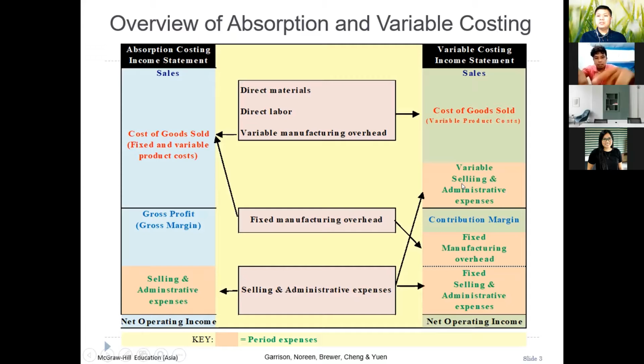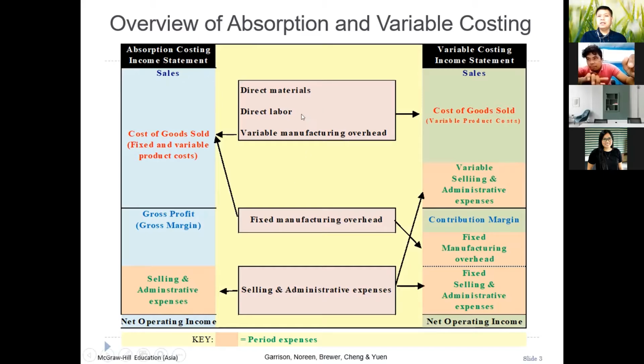As we just discussed in the previous slide, sales less variable expenses gives you the contribution margin. Less the fixed costs, broken down into the fixed manufacturing overhead and the fixed selling and administrative expenses. Then you have the net operating income. So the one on the left side is traditional, the one we use for external reporting. And this is the contribution format income statement on the right side, the one we use internally.